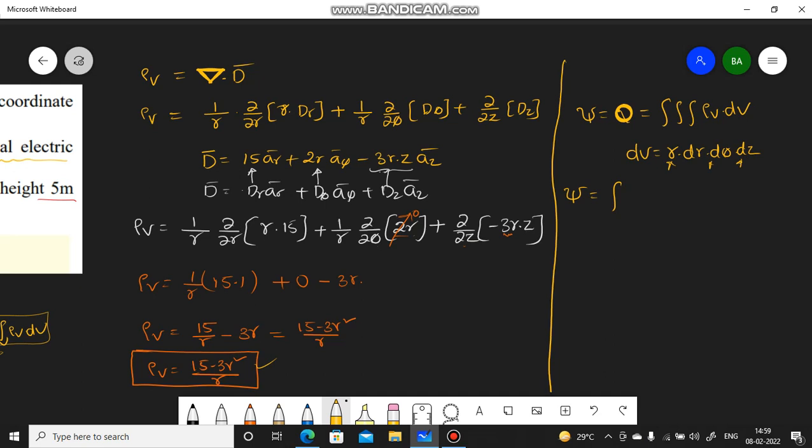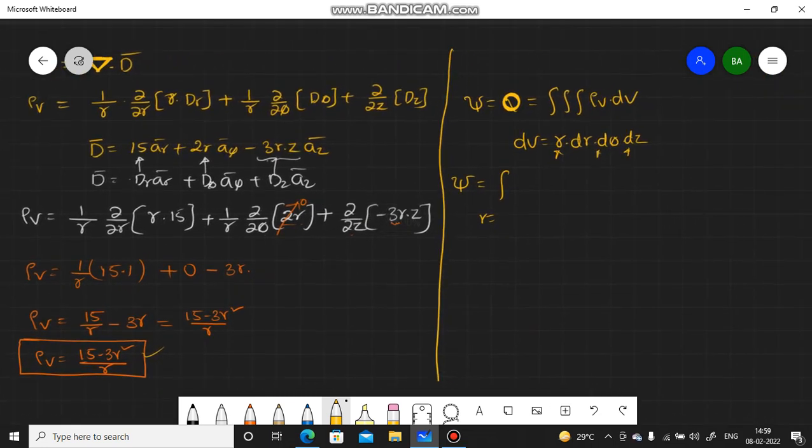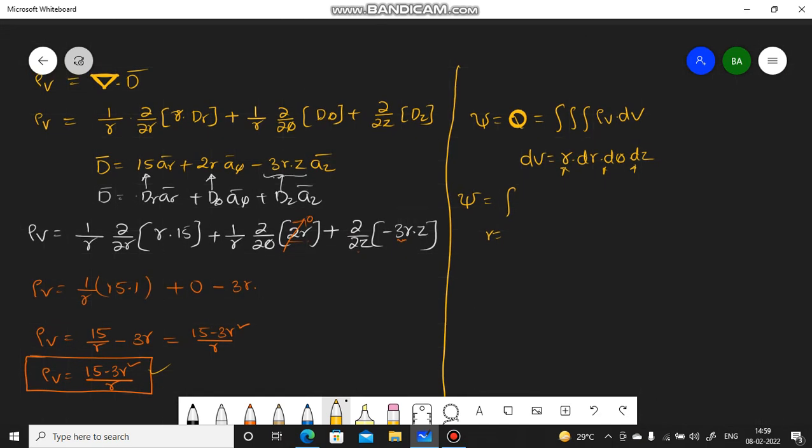The limits are given in the problem: the radius of the cylinder is 3 meters and the height is 5 meters, that means r is from 0 to 3, phi limits are from 0 to 2 pi, and z limits are from 0 to 5. And rho v is 15 minus 3r square by r, into r dr dphi dz.